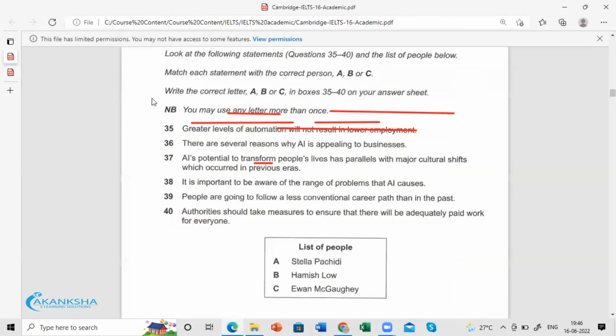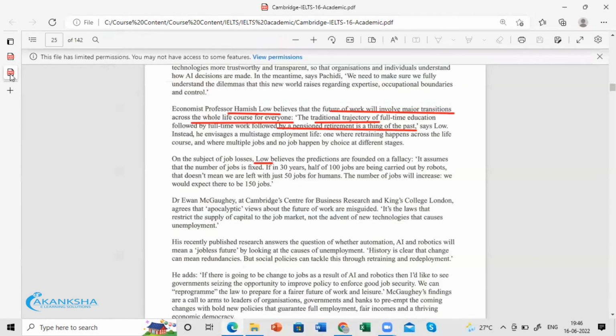So he said that there would be some kind of cultural shift, a traditional shift. The traditional trajectory, full-time work, retirement would be a thing of the past.